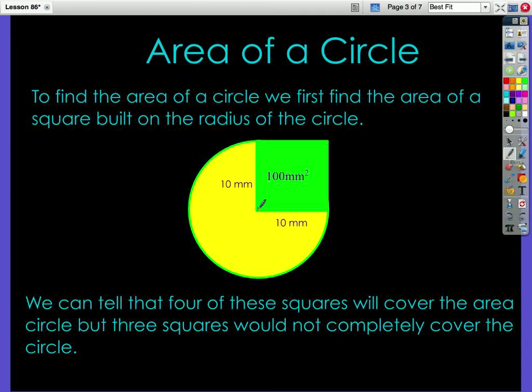Now, if we put 4 of these squares, it would cover this whole circle. If we just did 3 of them, it's not quite going to cover that circle. Just something to think about: with 3 of these, we're going to have some leftover parts.